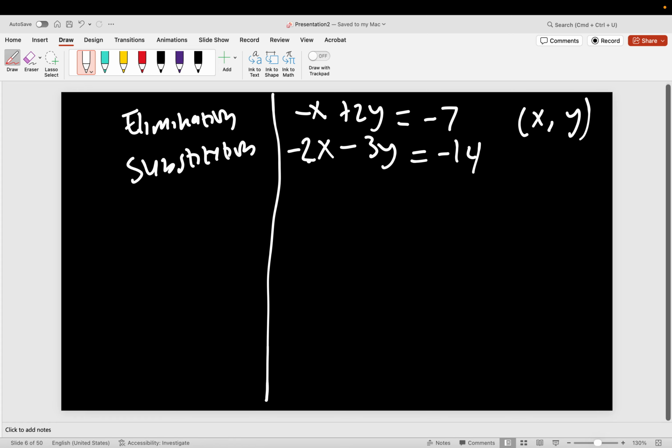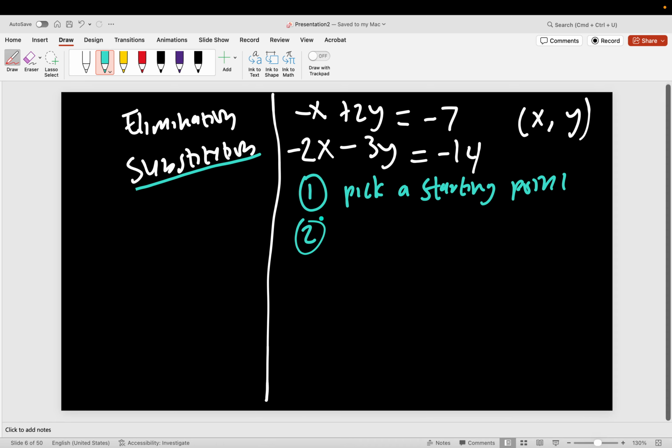Since we're doing substitution first, let's talk about what that looks like. The name essentially gives it away. Substitution, as the name implies, is literally substitute. There are really only two things you need to know. First, pick a starting point. Since there are two equations, pick one of them. Then solve for one of the variables, either x or y.